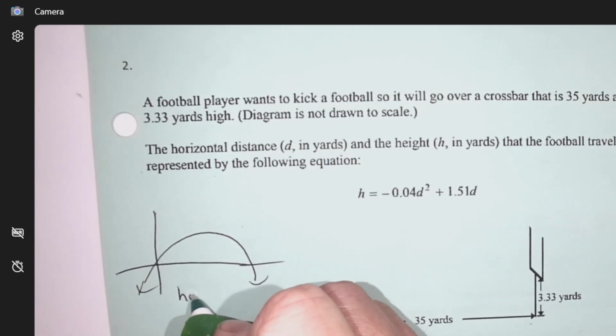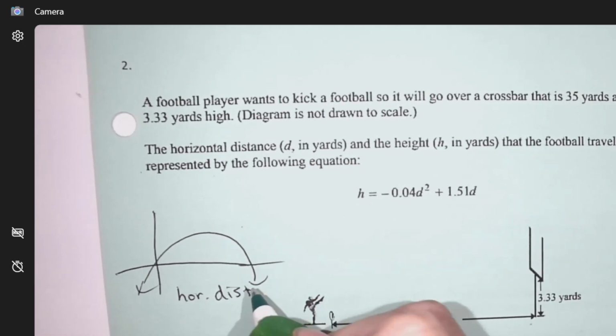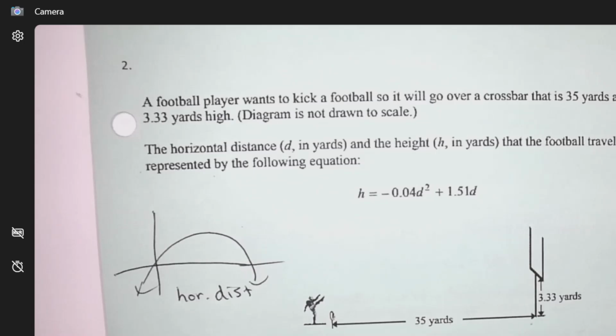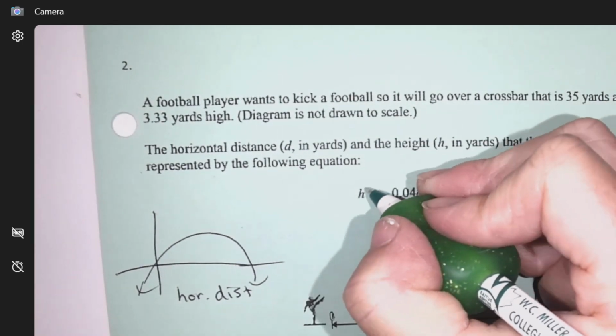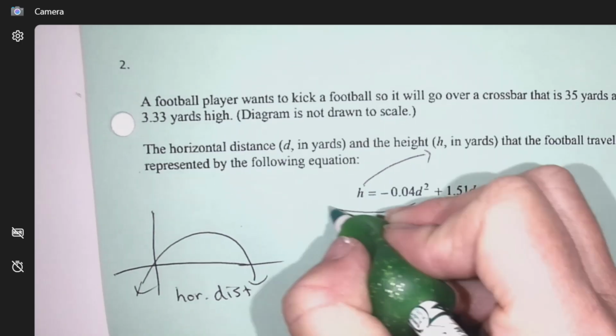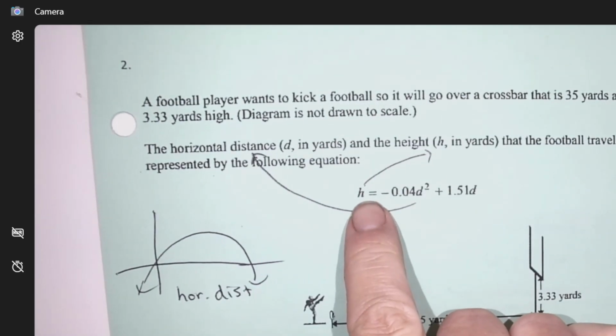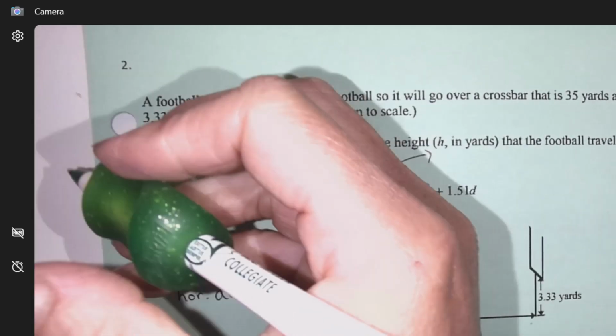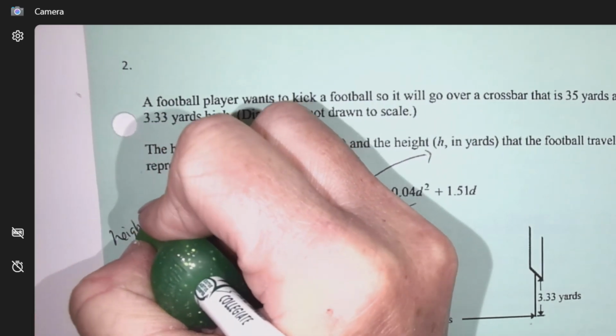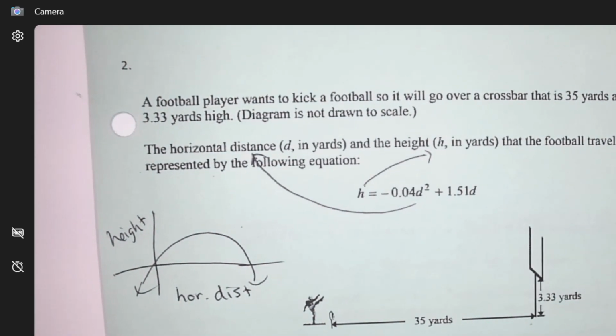The horizontal distance the ball gets to, and the y, so the h on this one, the y is the height of the ball. Okay, so understand that. That's the biggest thing you can do, is just what is the x, what is the y, what variables do they mean?